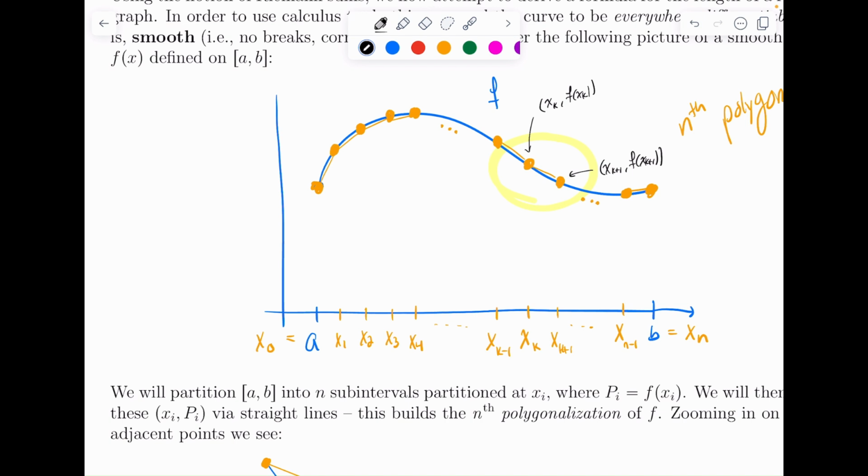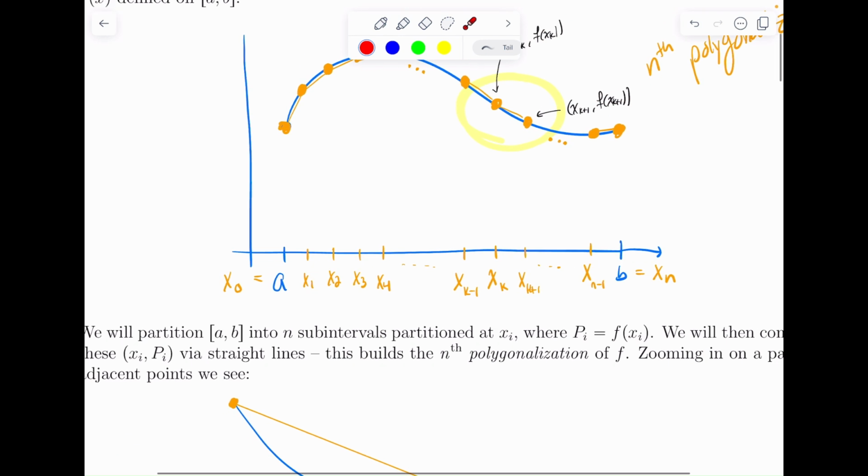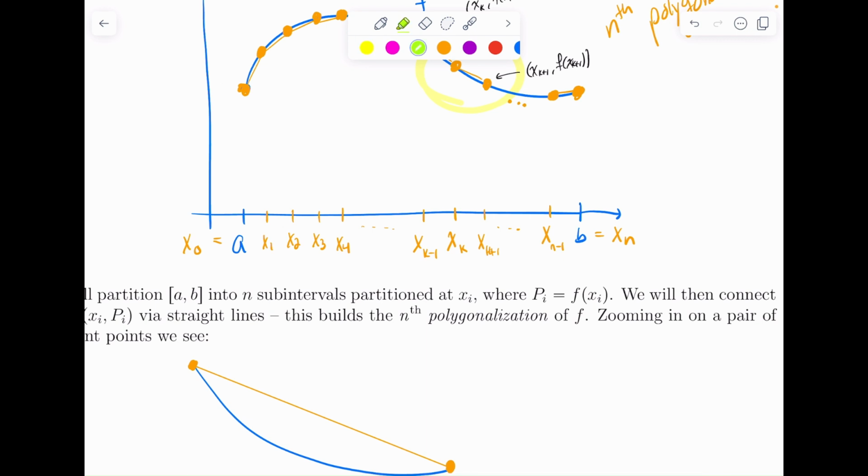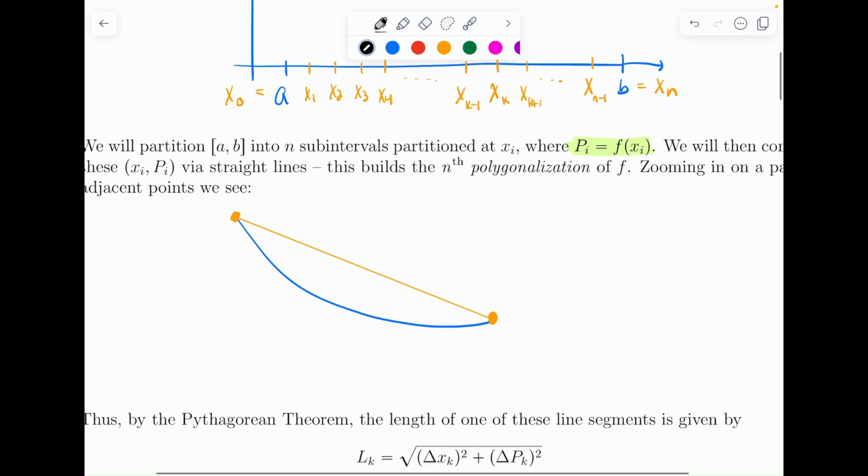For the purposes of this polygonalization, so I don't have to keep rewriting f of x_k and f of x_{k+1}, we're going to adopt this identification: for f of x_i, we're going to call that capital P sub i, just to make this a little easier to talk about. So with respect to this picture, this point is now (x_k, P_k), and this point down here is (x_{k+1}, P_{k+1}).